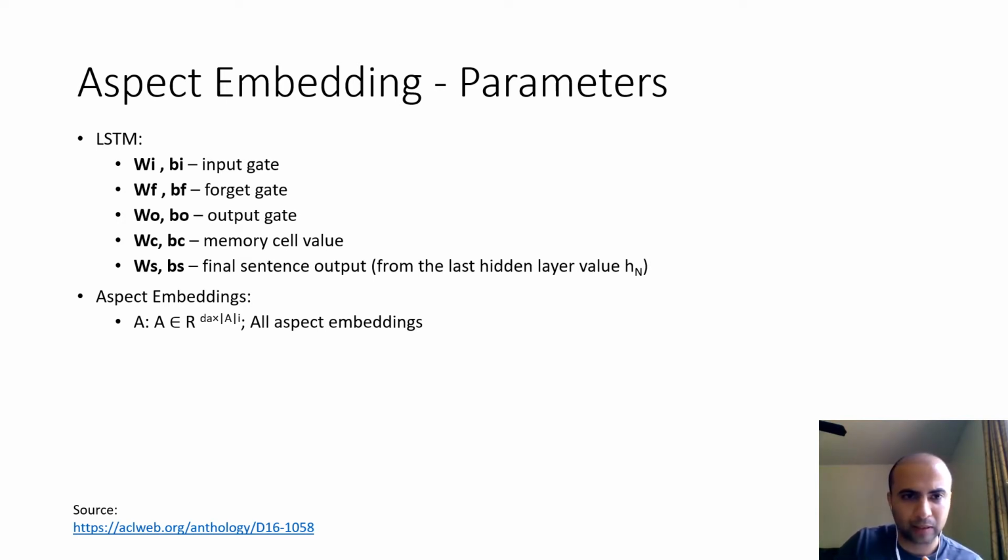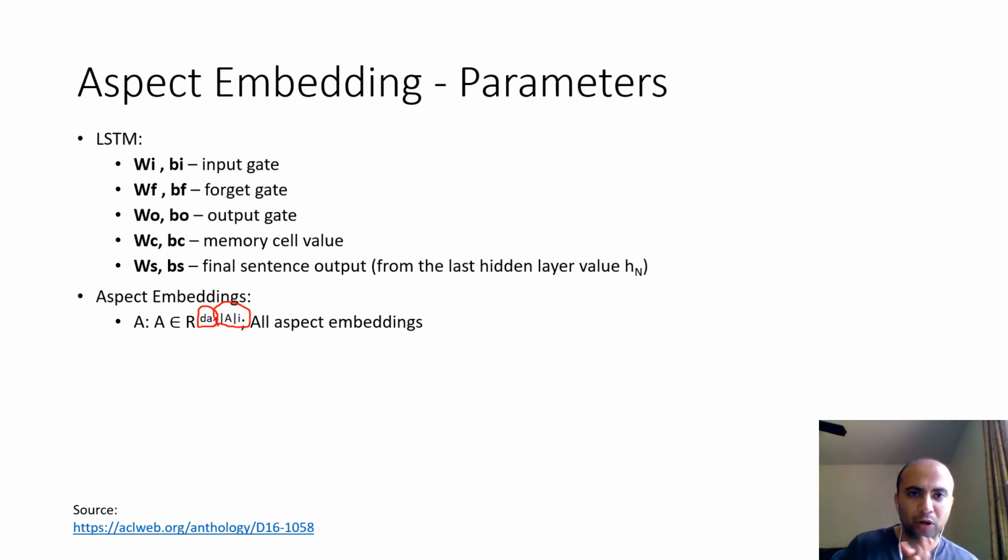And then the additional parameters that are added by this architecture, the aspect embedded architecture, are the aspect embeddings. It's basically of dimension A by the number of aspects that we have.